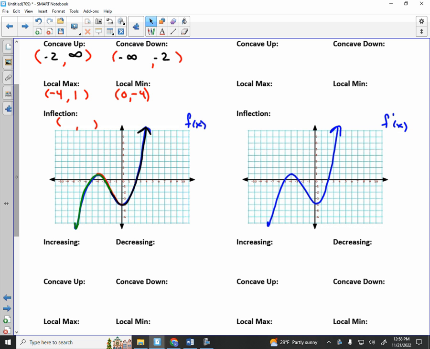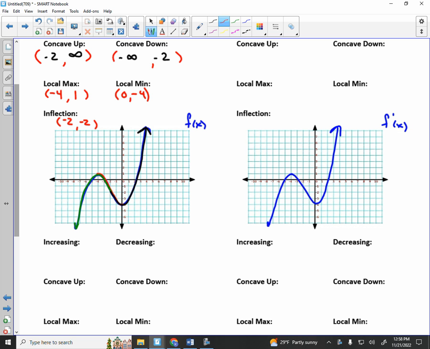It's continuing to decrease until we get to that point of inflection. Then what happens to the tangent line? Then it starts going back up again, right? So that's what we're looking for when we say inflection, and I'm going to estimate it happens at negative 2, negative 2. Are there any questions about that graph right now?